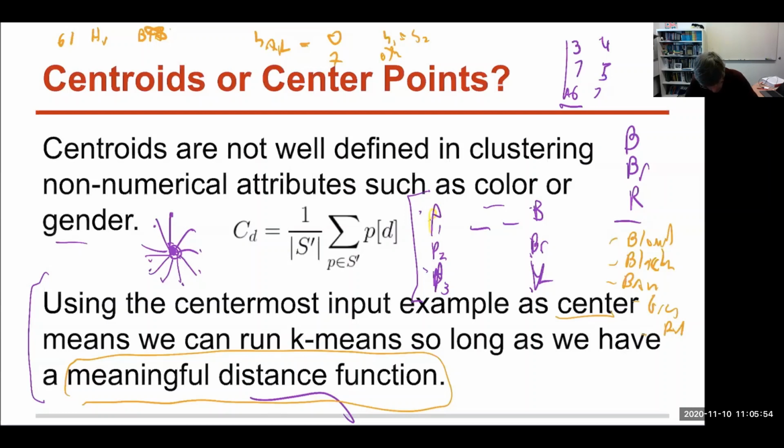I could encode the hair color by 5 0-1 variables, saying, is it blonde? Is it brown? Is it red? Is it gray? Is it black?